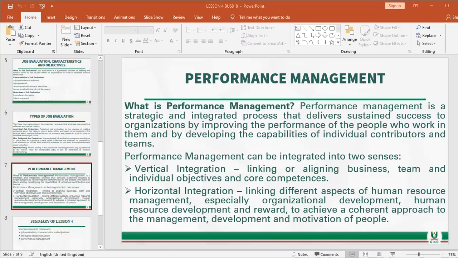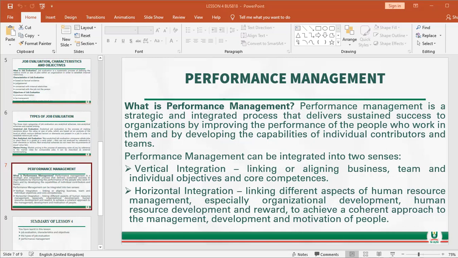So next, we are going to be talking about performance appraisal integration.